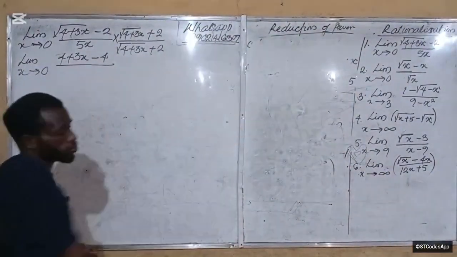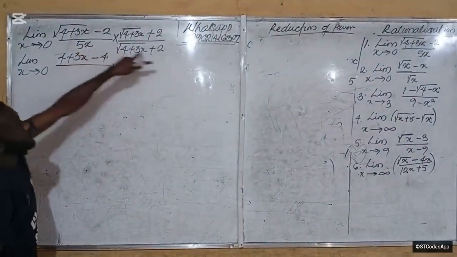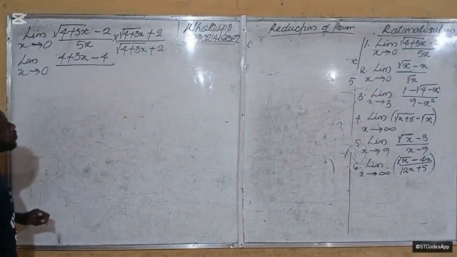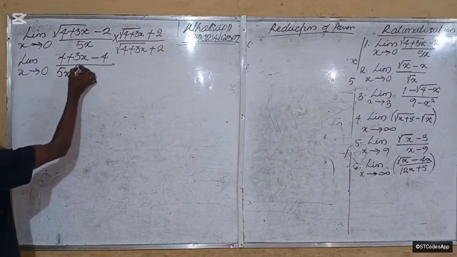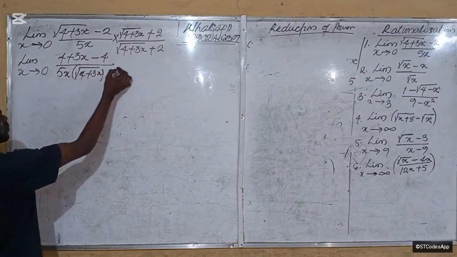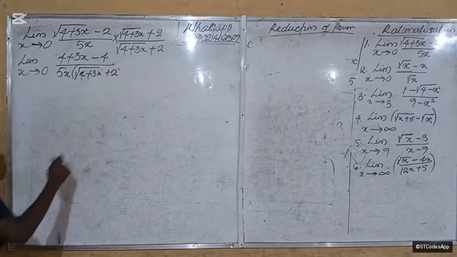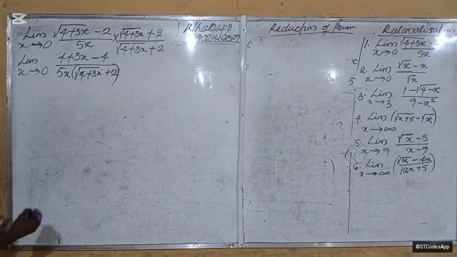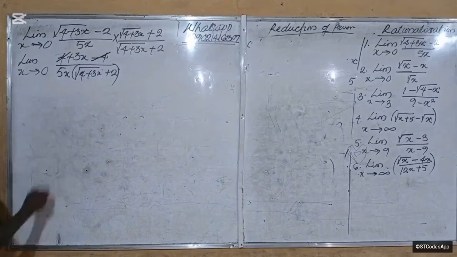So the next thing you want to do is use the denominator to open this. But since it's looking weird, what I'll just do is 5x into bracket the square root of 4 plus 3x plus 2. Plus 2, sorry. Okay? So if this is the case, then let's solve the numerator. Plus 2 takes care of plus 4, which takes care of minus 4.